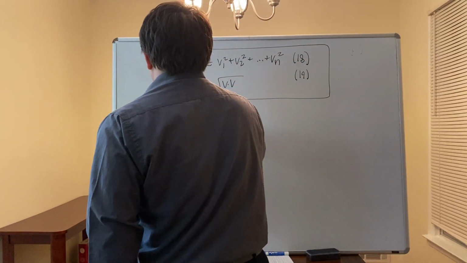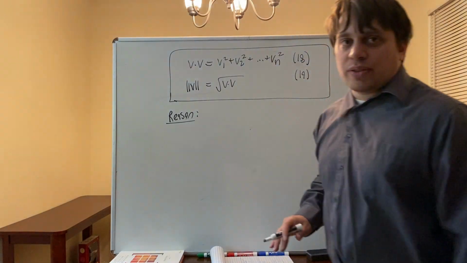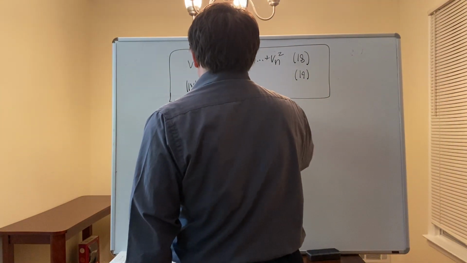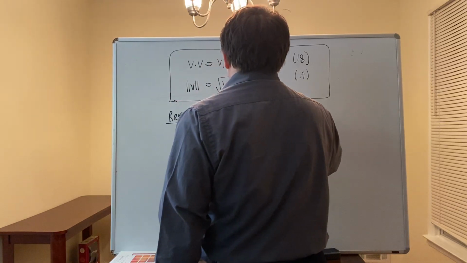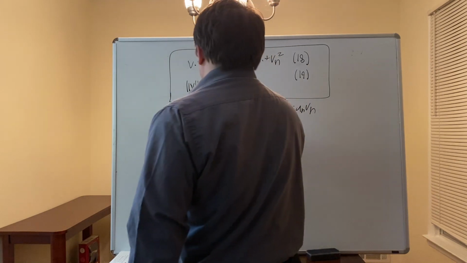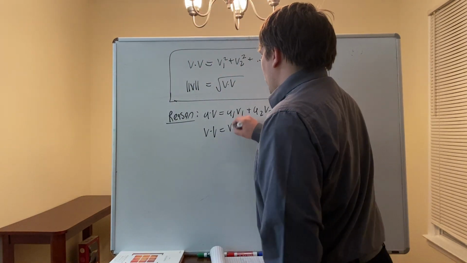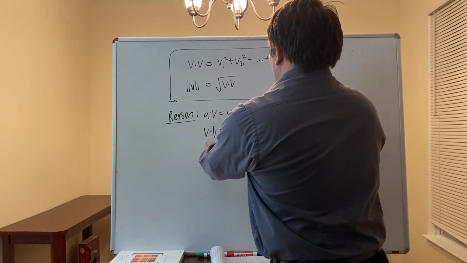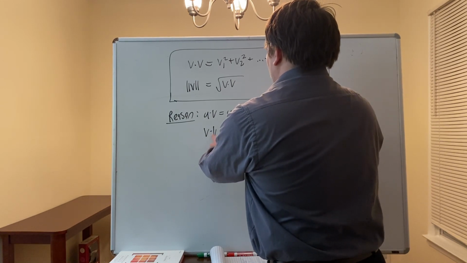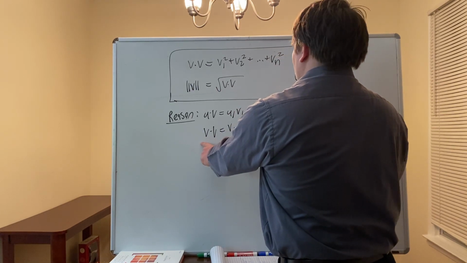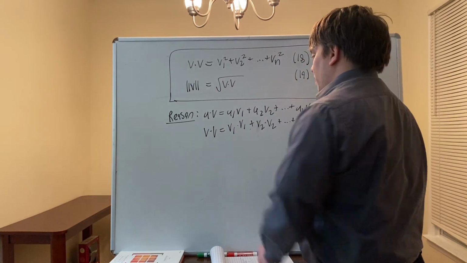So the reason why these two equations are true: we defined u dot v is equal to u1 v1 plus u2 v2 plus dot dot dot plus un vn. So v dotted with itself, you're just going to take the first component of this vector times the first component of the same vector, plus the second component of that vector v times the second component of the same vector, plus dot dot dot plus the nth component of that vector times the nth component of the same vector.